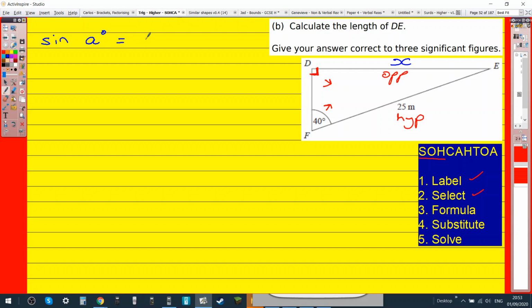And then x over 25. You always skip it. So opposite over hypotenuse. So that's x. That's 25. However, what is the angle? The angle is 40. Yes. So sine 40 equals x over 25.